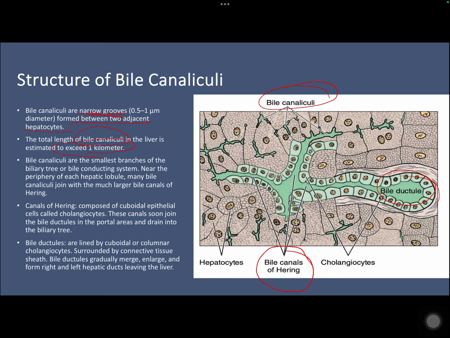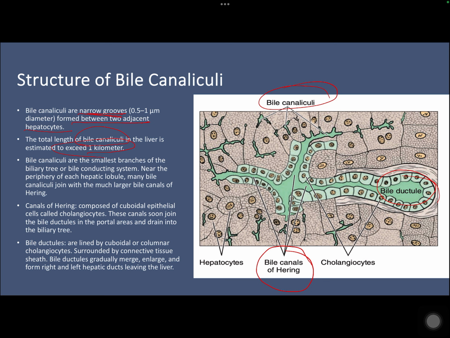So the smallest unit of this biliary tree is the bile canaliculi, which is a groove-like structure formed from the apical surface of two adjacent hepatocytes.